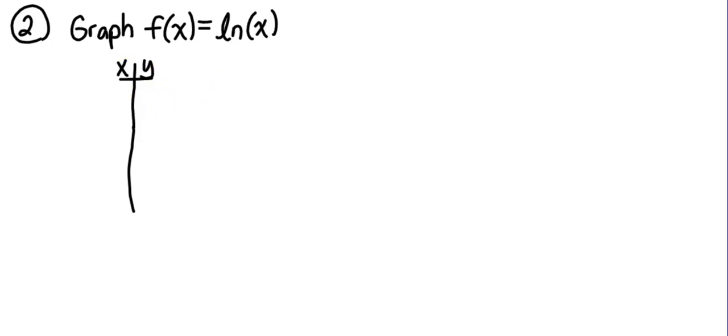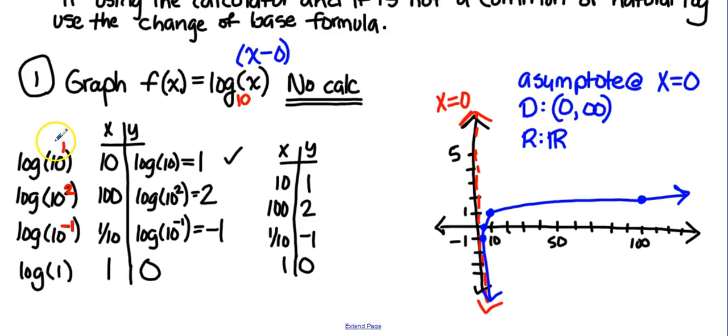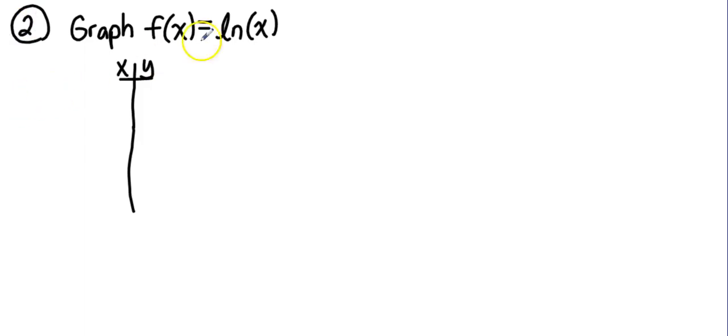So if we look at our previous example, we worked towards having an exponent of 1, 2, negative 1. Let's see if we can use that same reasoning here.